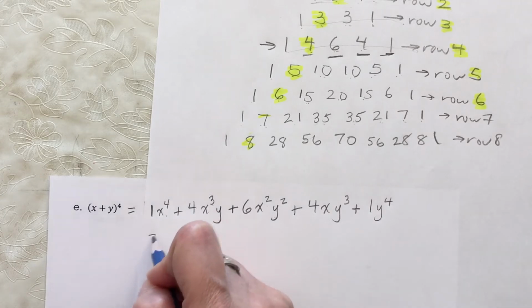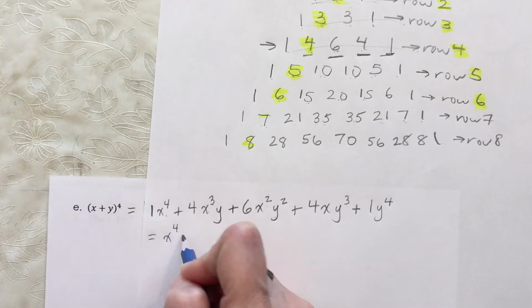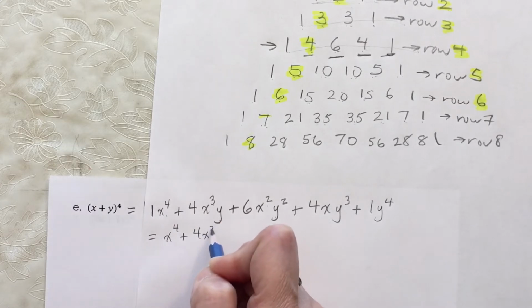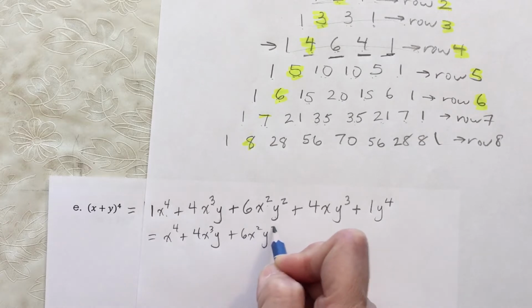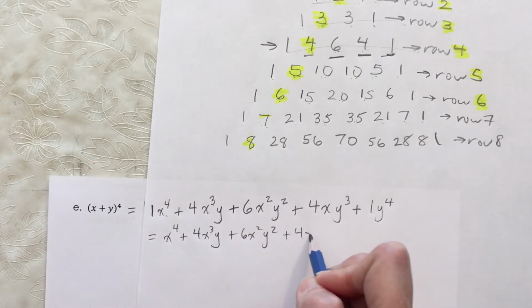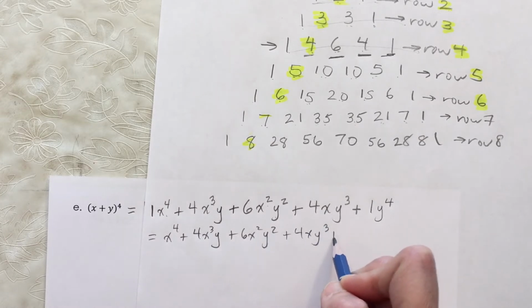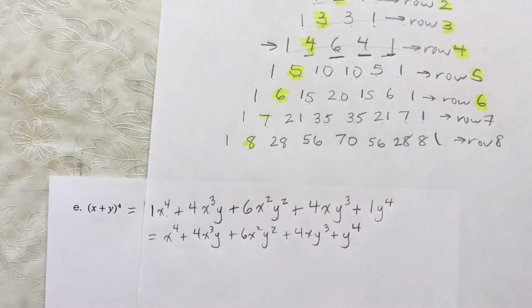And then you could get rid of the 1 here and just write it as x to the 4th plus 4x cubed y plus 6x squared y squared plus 4xy cubed plus y to the 4th. And if the exponent is 4, there should be 5 terms because there's 5 numbers in the 4th row of Pascal's triangle. 1, 2, 3, 4, 5.